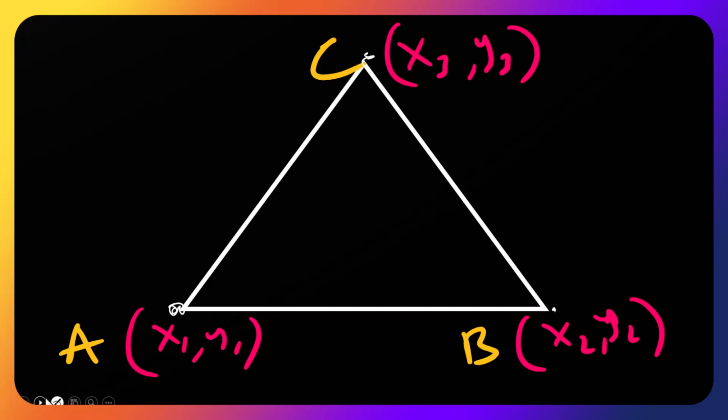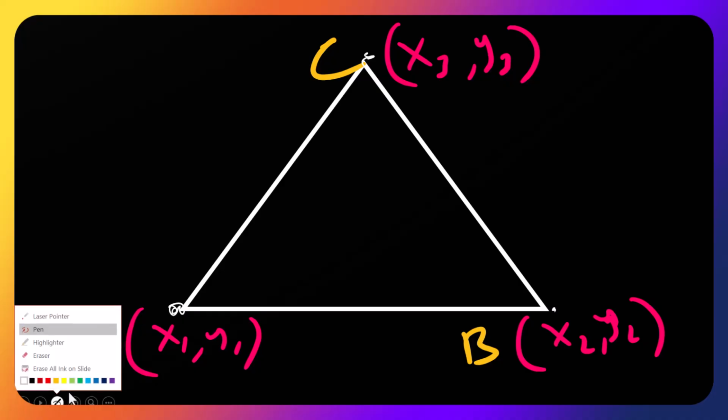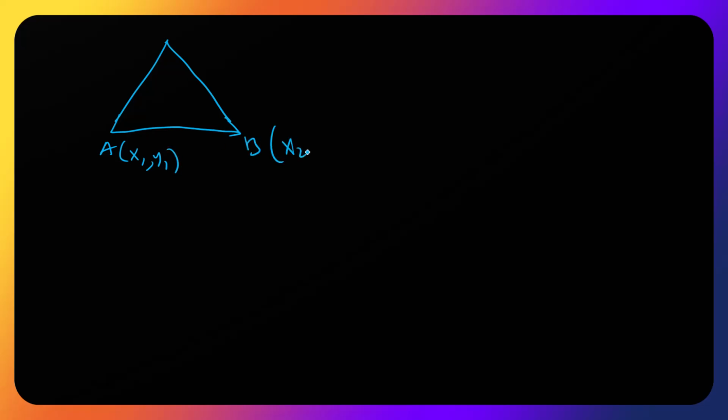Now let's deduce the formula for finding the area of a triangle. Okay, so I have a strategy here. If this is a triangle, we have x1, y1, x2, y2, then x3, y3.